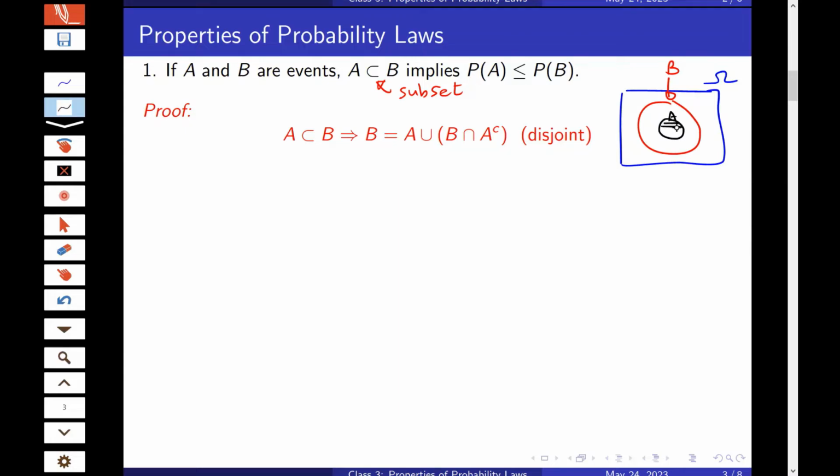Then the probability of A must be less than or equal to the probability of B.